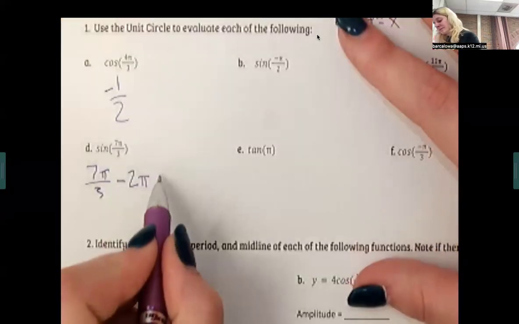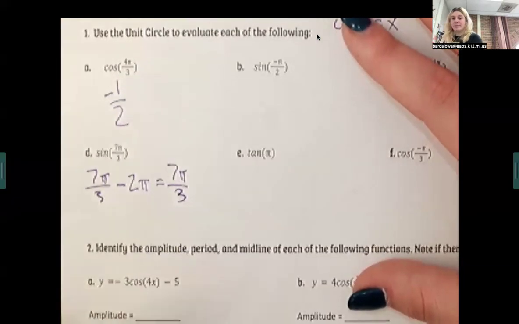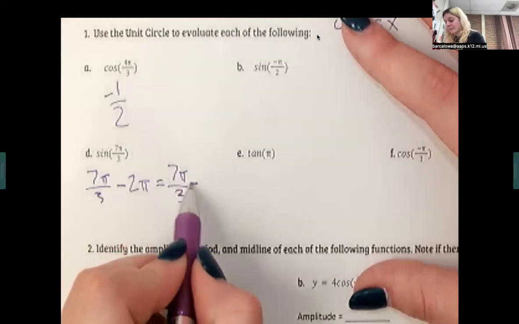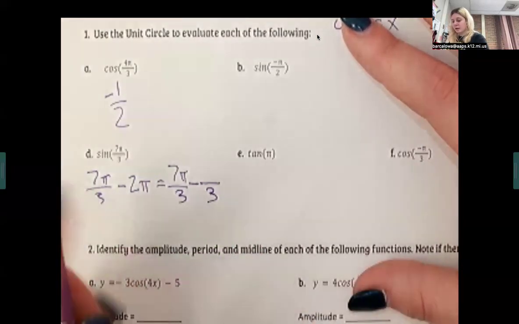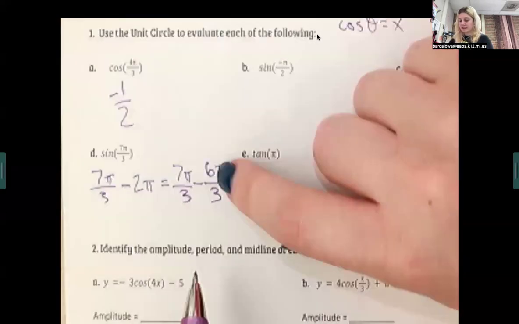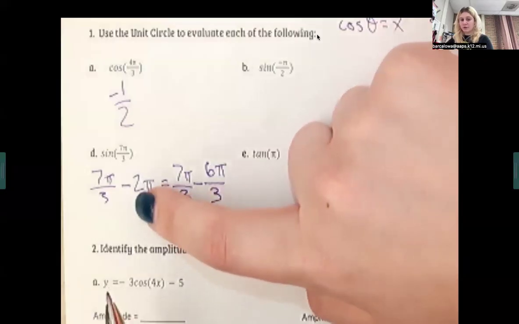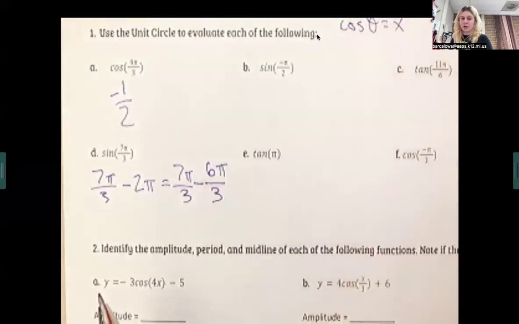So 7 pi over 3 will stay, but that 2 pi needs a denominator of 3. 2 times 3 is 6, and 6 divided by 3 is equal to 2, so I haven't changed the value of that number, I've just changed how it looks.